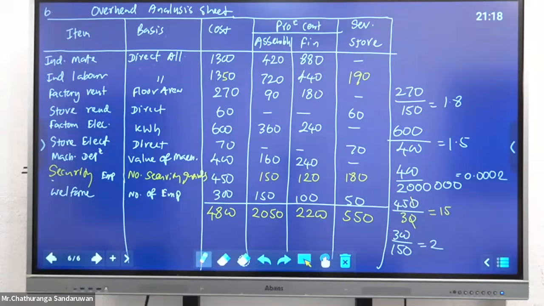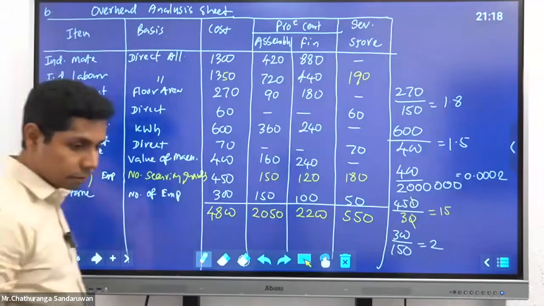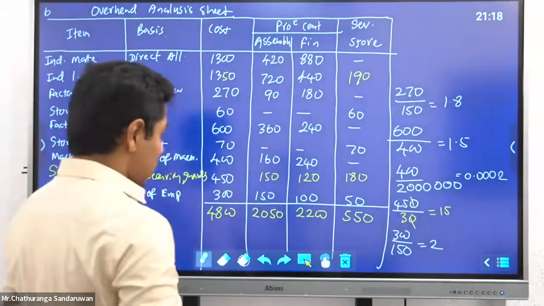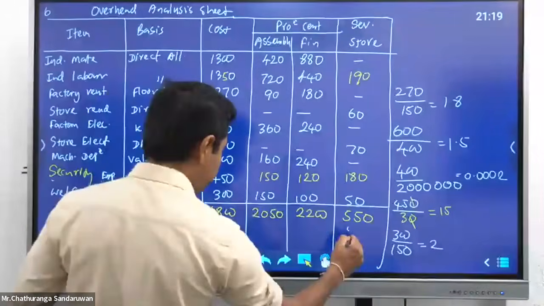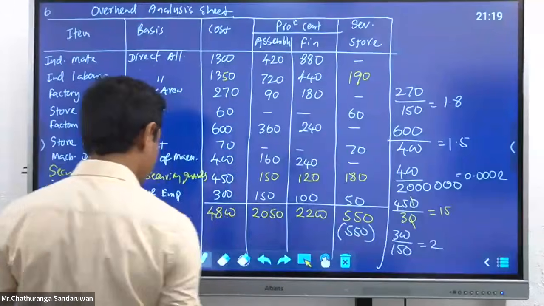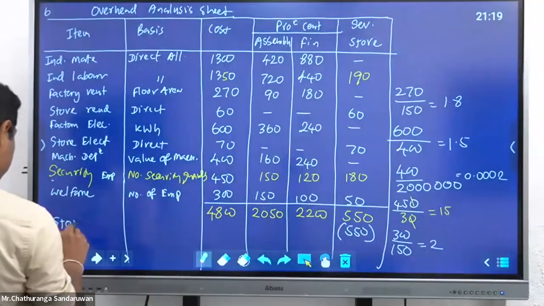All right. Then we can do the reapportionment. Store department's overhead is 550, deduct it and write it here stores.